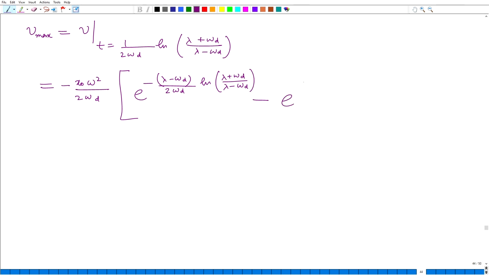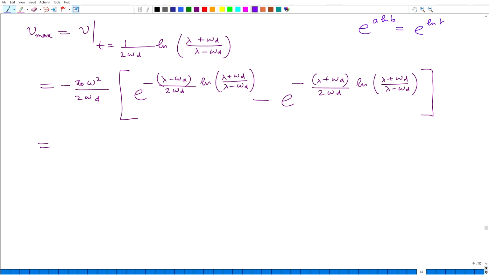And then minus e to the minus lambda plus omega d, again for t you write 1 over 2 omega d log lambda plus omega d by lambda minus omega d. Okay. And then e to the something, so this is like this, e to the a log b is nothing but e to the log b to the a, which is equal to b to the a. So, that we will use here.